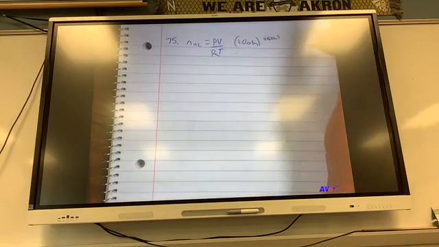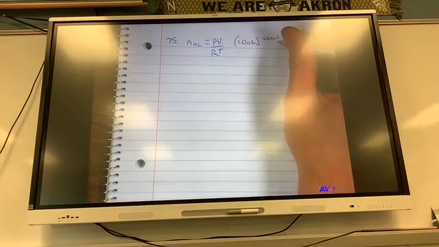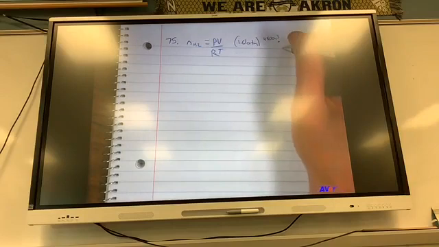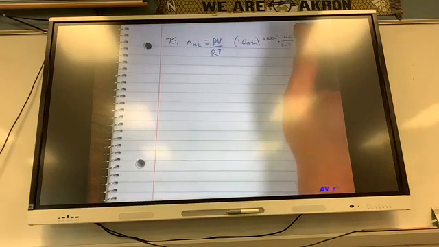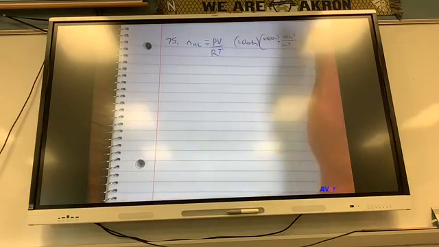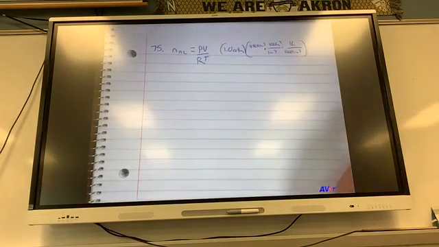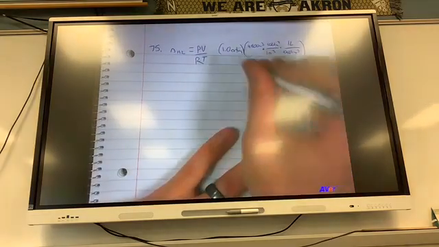On 75, I have 4,800 meters cubed, and 1 meter cubed is 100 centimeters cubed, all in parentheses, and there are 1,000 centimeters cubed in 1 liter. This is absolutely disgusting, so there's a little conversion you have to do to get it to liters.